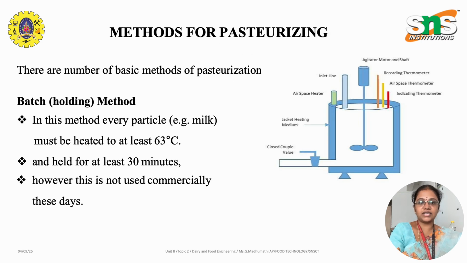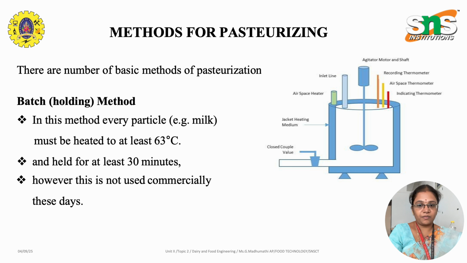Coming to the methods, we can look into the basic method that has been adopted for milk. In this diagram you can see a standardized vat. Inside the vat there is a stirrer, along with a thermometer and temperature control, and a valve outside.